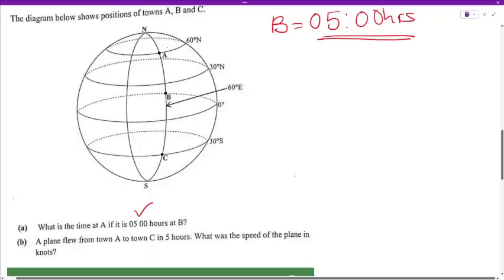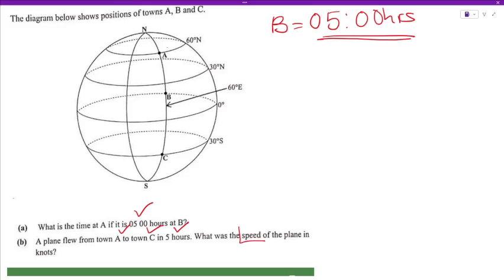Okay? We're done there. So now there are also types of questions where, you've noticed the past few questions we've solved, they are asking us to find speed, and then they would give us the time and the distance. But then there are cases where they'll ask you to find the speed, but they don't give you the distance. What does that mean? You need to find the distance on your own. Look at this question. A plane flew from town A to town C in 5 hours.